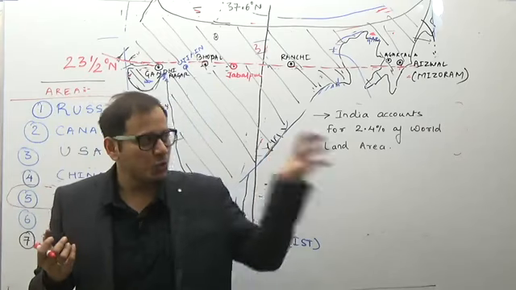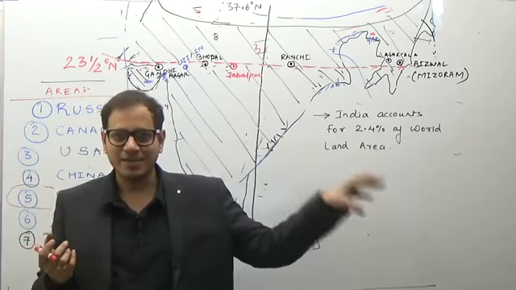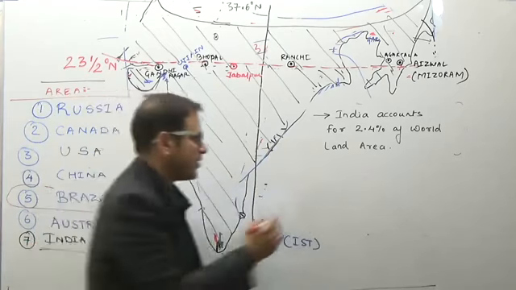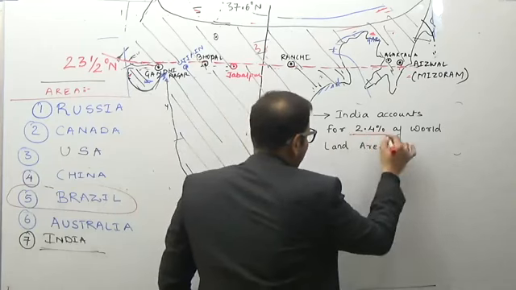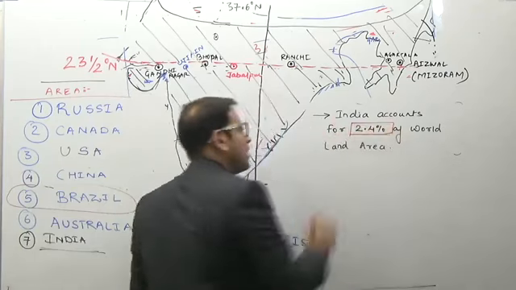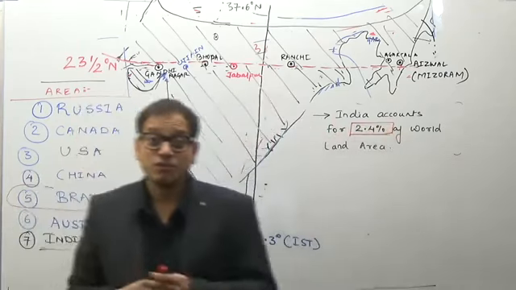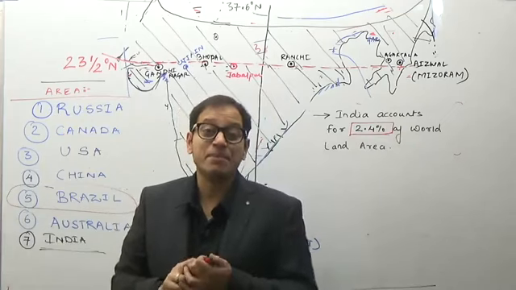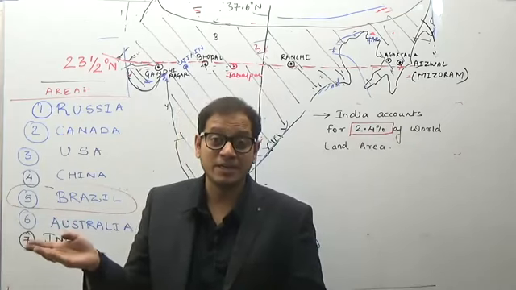That means too much population pressure on the land here in India. So it accounts for 16% of world's population, the second most populated country in the world.